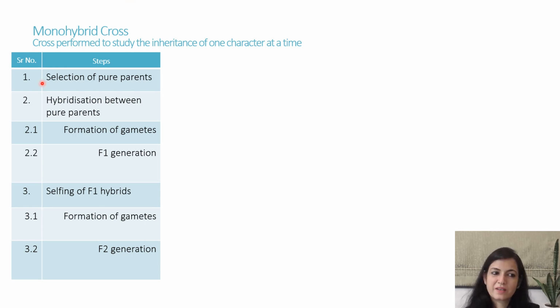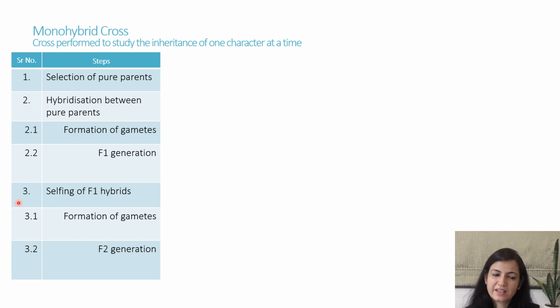The first step is the selection of pure parents. Second step is hybridization between the pure parents with the contrasting characters. And the third one is the selfing of F1 hybrids which are obtained from the hybridization between the pure parents. So these are the three steps of performing any cross as suggested by Mendel.